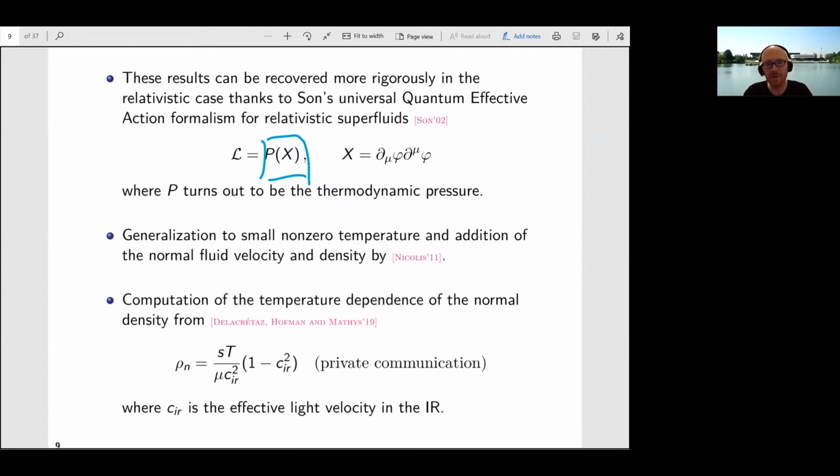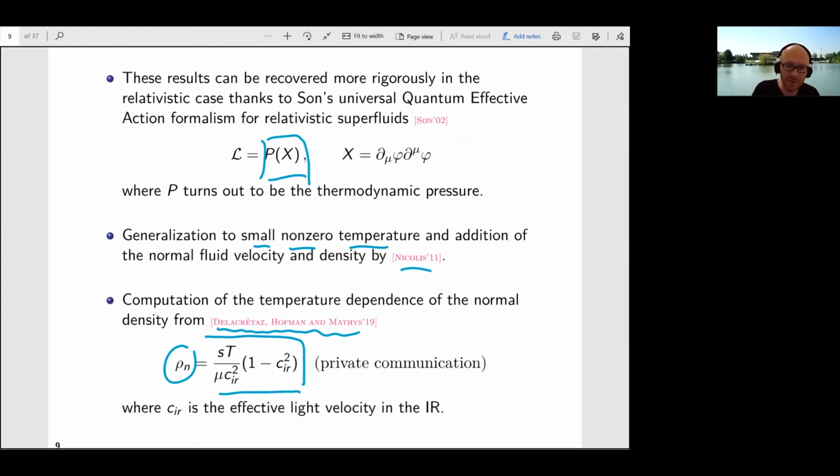And then from there, you can just calculate all of these quantities. This has been generalized to small non-zero temperatures by Nicolis. And more recently, it was checked that the normal density computed in this formalism gave you this kind of expression. They don't really do the calculation in the paper that I refer to, but I've talked to Luca de la Creta, and he checked that this expression was true.